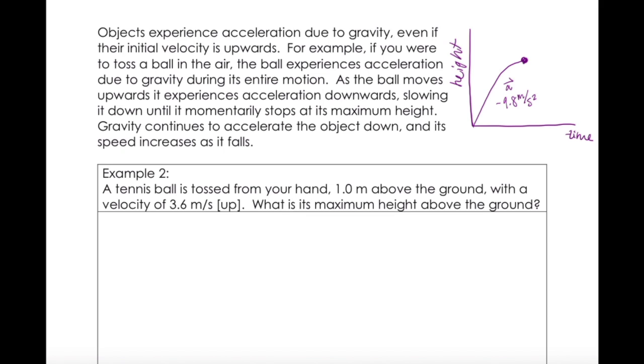Whatever height I throw it up to, it's going to continually slow down till it stops at its highest point, and then it's going to start falling back towards the ground and accelerate faster and faster in the negative direction. At this point up here at the top, the velocity is going to be 0 meters per second. This is the highest point.